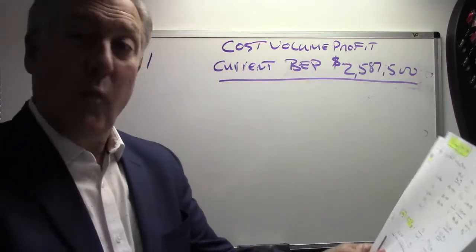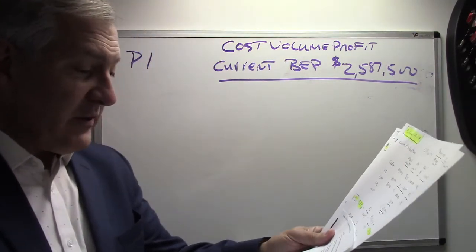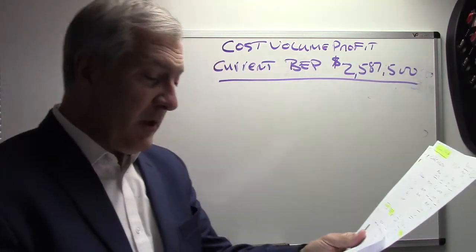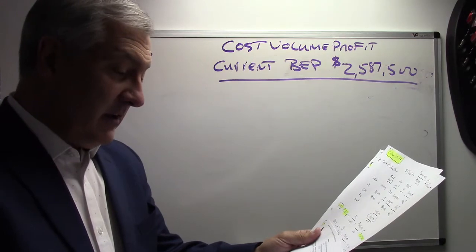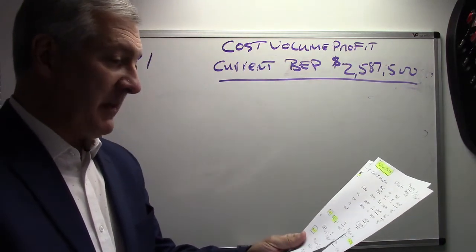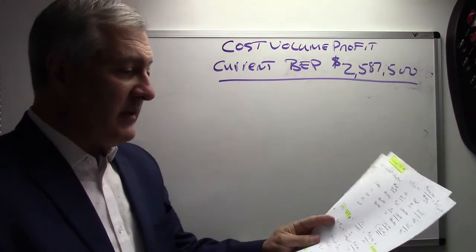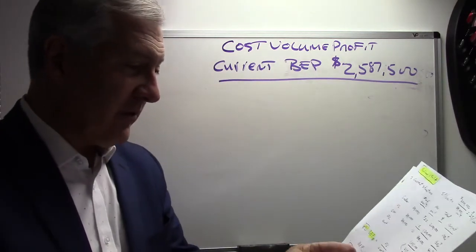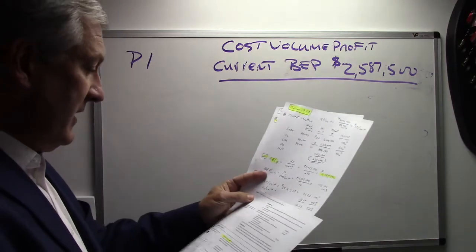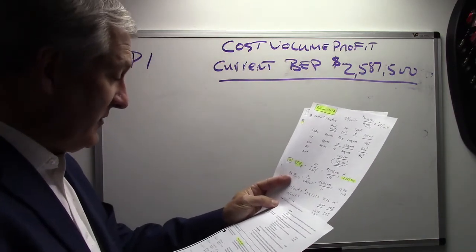Item 1 says increase unit selling price by 25% with no change in costs and expenses. So you need to essentially recalculate sales price and variable cost. What was the original sales price?